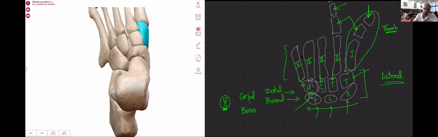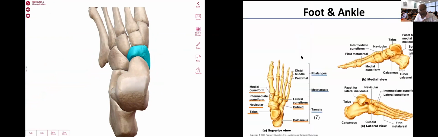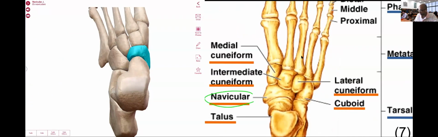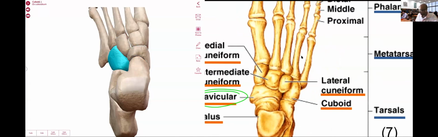So we start medial cuneiform, intermediate cuneiform, lateral cuneiform. Those 3 again are articulating with my navicular bone. The navicular bone as well as the lateral cuneiform are going to be articulating with my cuboid bone.